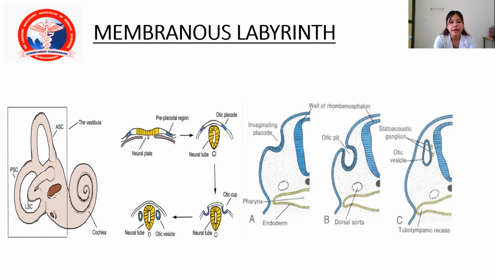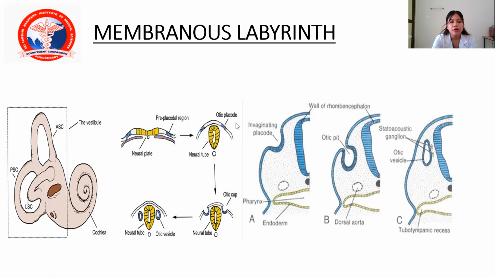Now this otic placode is an ectodermal thickening on either side of the developing rhombencephalon. You can see here the wall of the rhombencephalon. On either side of this rhombencephalon, the ectodermal thickening occurs, which is called the otic placode.